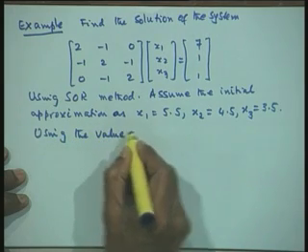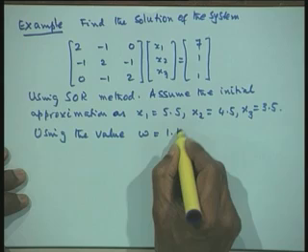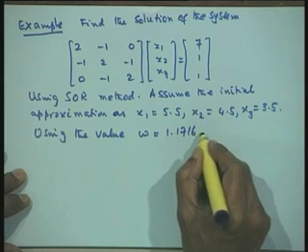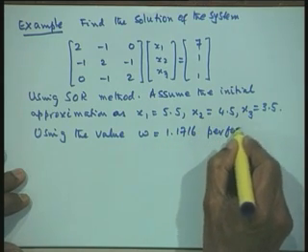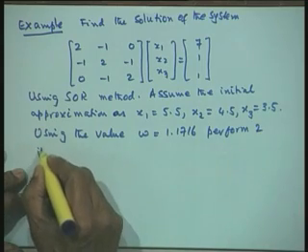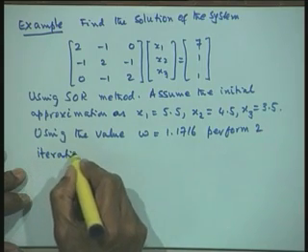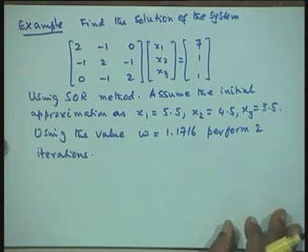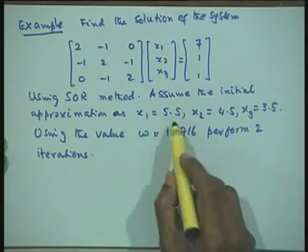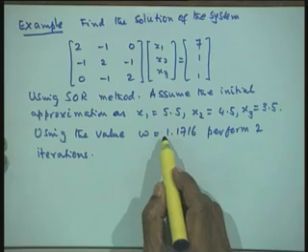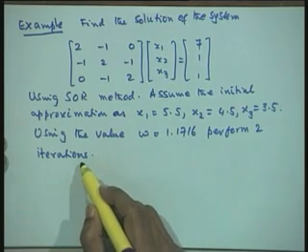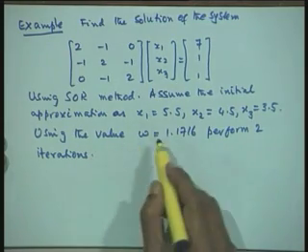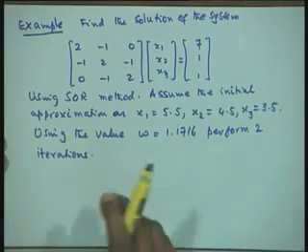We will give the value of ω here: ω is 1.1716. Perform 2 iterations. Now, here we are given the initial approximation, we have also given the ω value, and we need 2 iterations of this SOR method, and we shall see later on how we are going to obtain this value of ω.